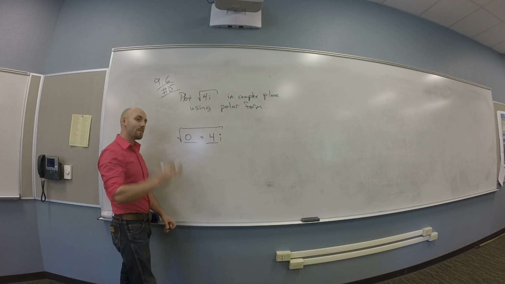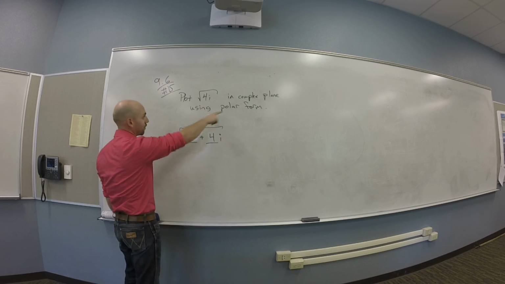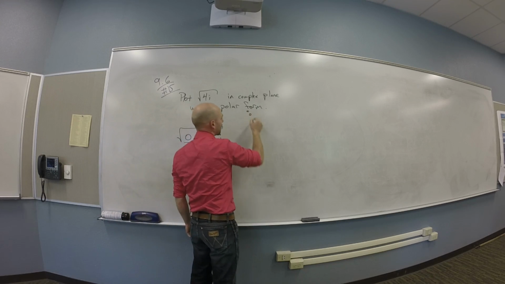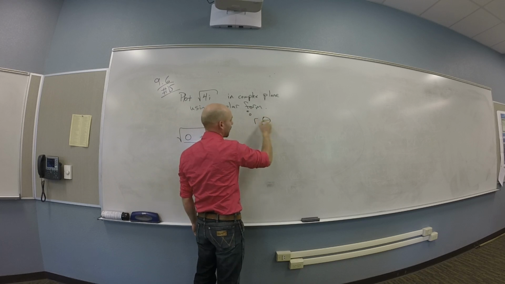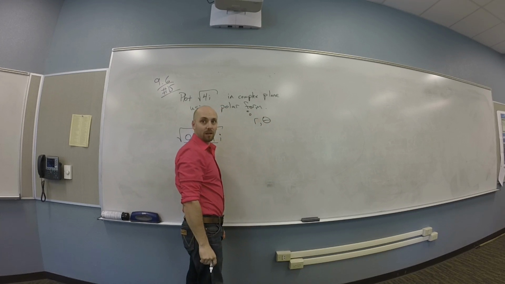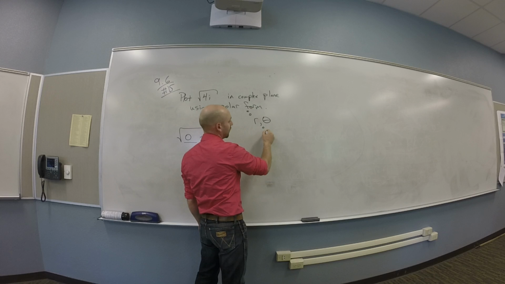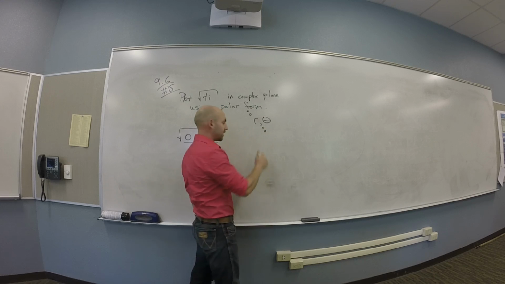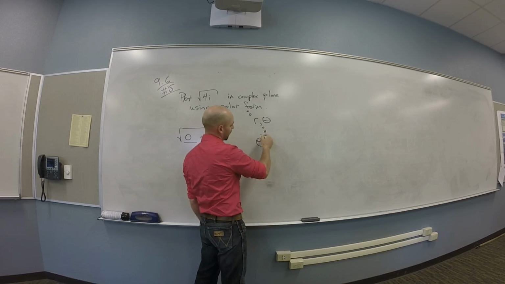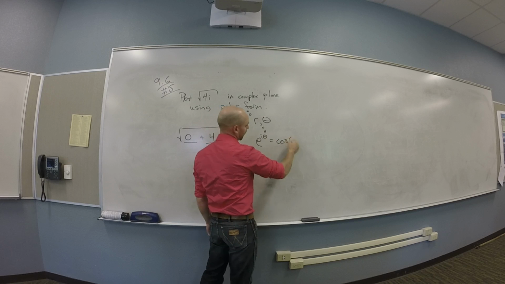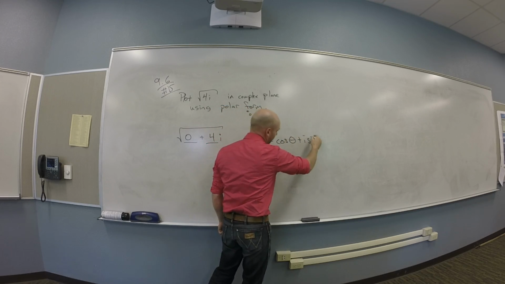What I'm aiming at here, the polar form, is really r's and thetas, right? And I'm recalling that with r's and thetas, e to the i theta is cosine theta plus i sine theta.